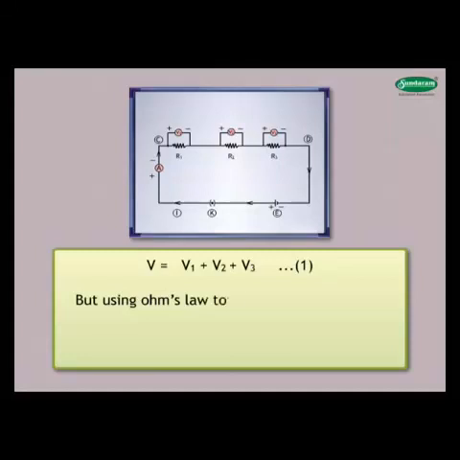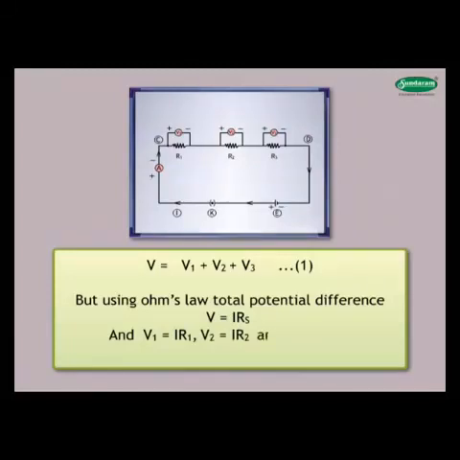But using Ohm's law, total potential difference V is equal to IRs, and V1 is equal to IR1, V2 is equal to IR2, and V3 is equal to IR3.